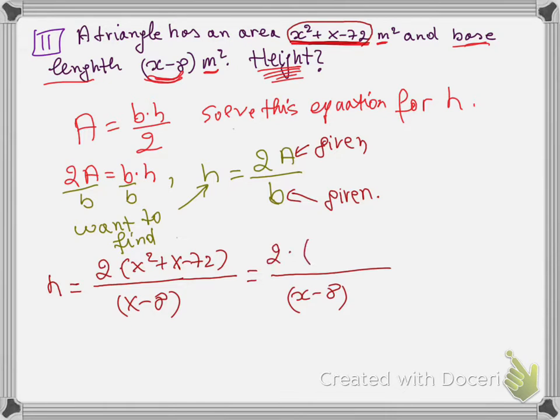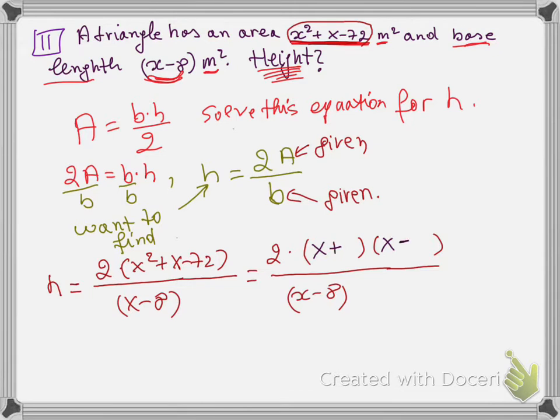We're going to factor x squared plus x minus 72 by using trial and error like we've done before. So we're going to break down x squared as x and x, because x times x is x squared. Then we're looking at factors of negative 72 that add up to x. Because we have negative 72, we're going to have one plus and one minus.